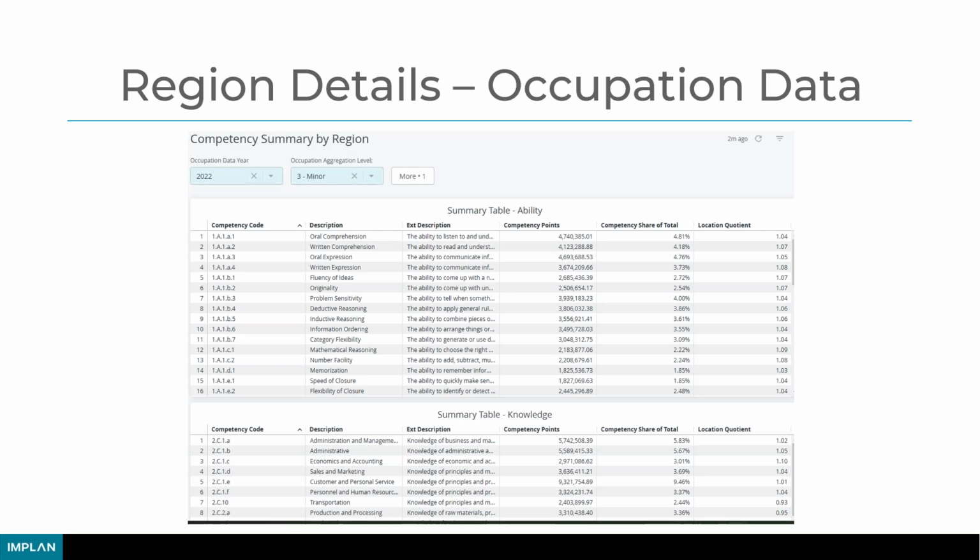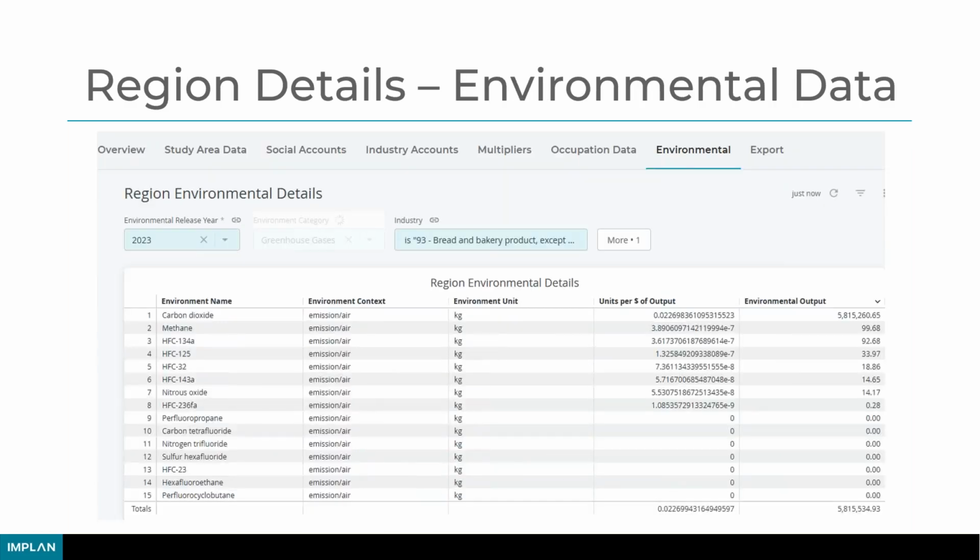One, at the regional level, what is the regional mix of these competencies? What is the frequency of these competencies within a particular occupation and also within a particular industry? Again, extensive detail on how to use and interpret occupation data is on our support site.